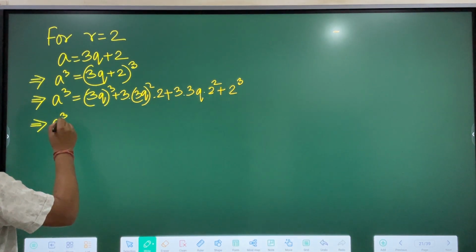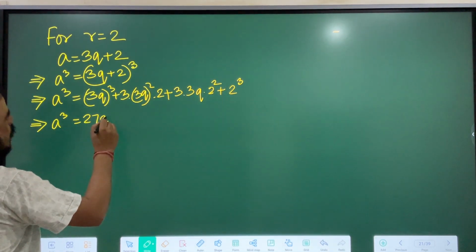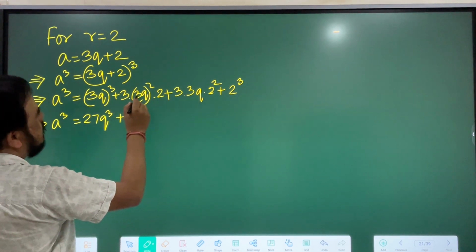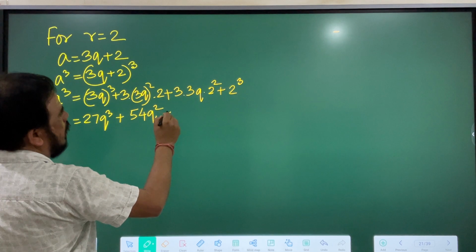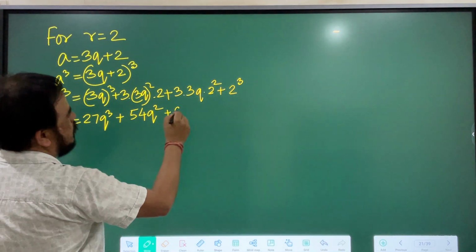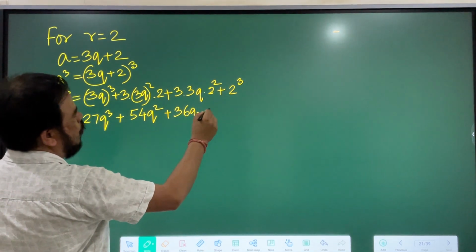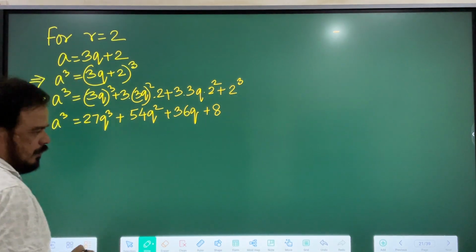So a cube is equal to 27q cube, then 3 times 9 is 27, into 2, 54q square, then 3 times 3 is 9, 9 times 4 is 36, 36q, plus 8.